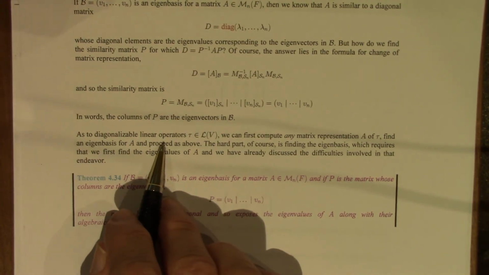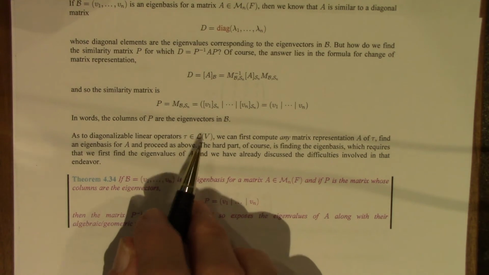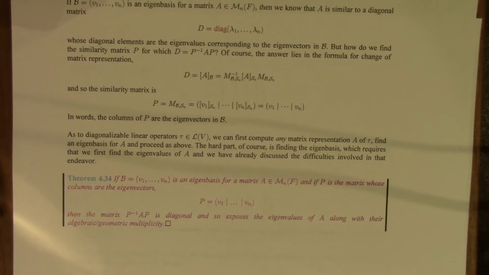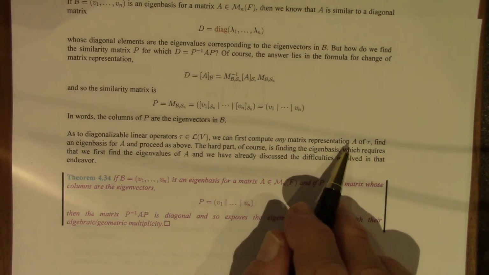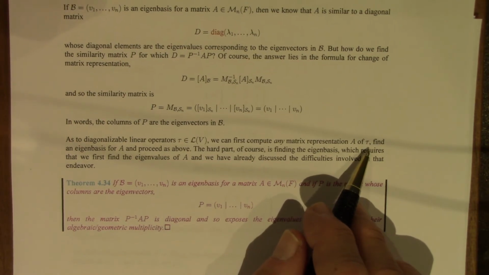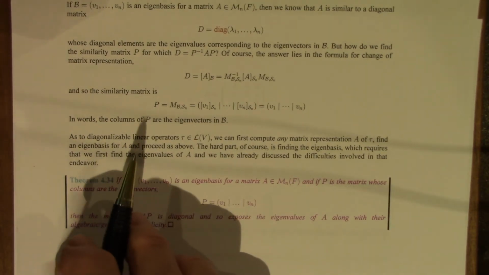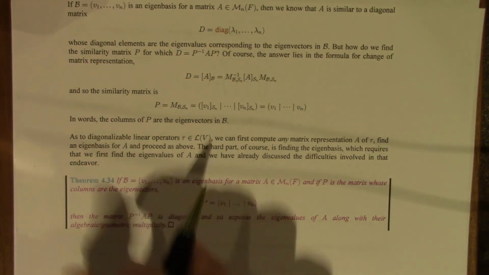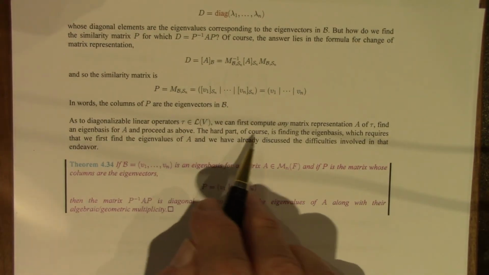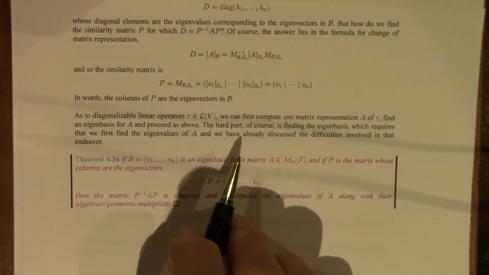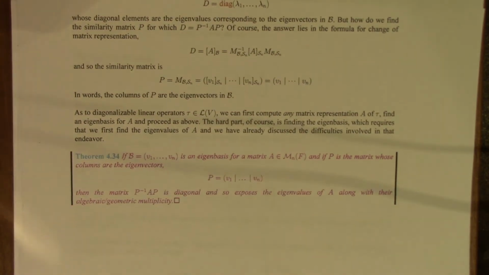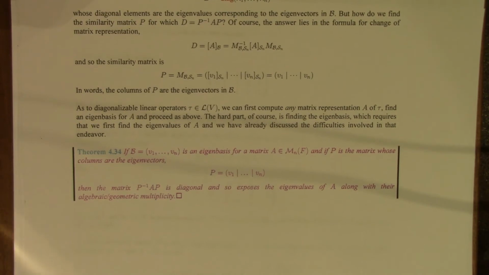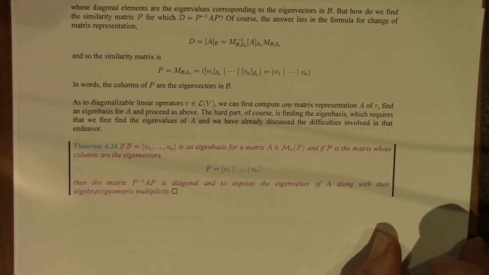As to diagonalizable linear operators, tau, well, we can first compute any matrix representation, call it A, for tau, then find an eigenbasis for the matrix A, and then proceed as we did here to get P. Of course, the hard part of that is finding the eigenbasis, because that first requires finding the eigenvalues, and we've already discussed the fact that in general that's impossible, only possible in special cases.